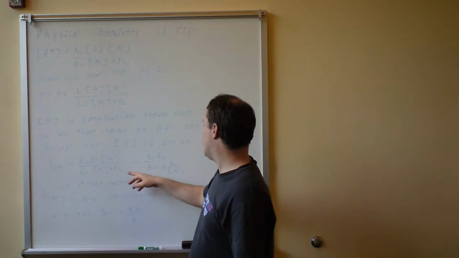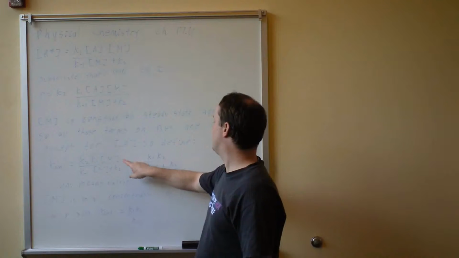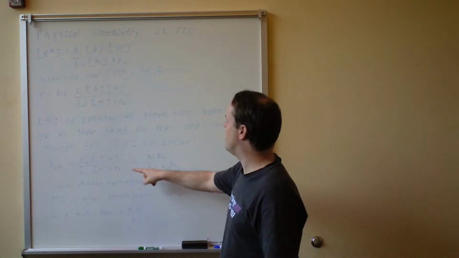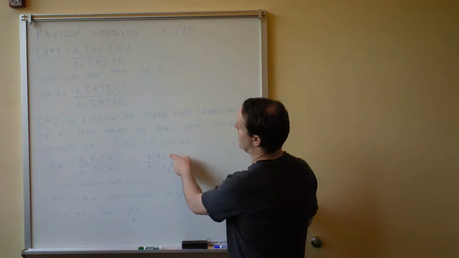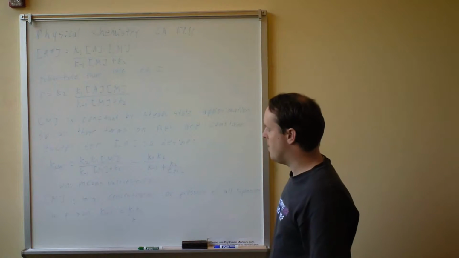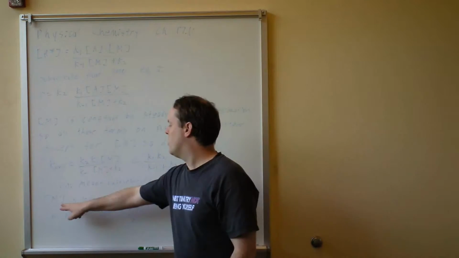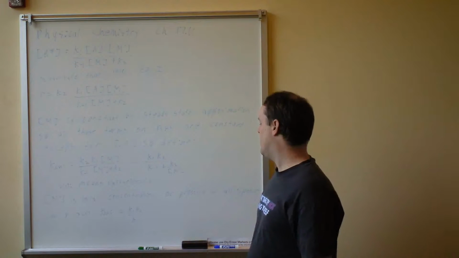You can rearrange that by dividing top and bottom by the concentration of M, and you get k1 times k2 over k minus 1 plus k2 over the concentration of M. Now, this concentration of M, remember, means all other objects.